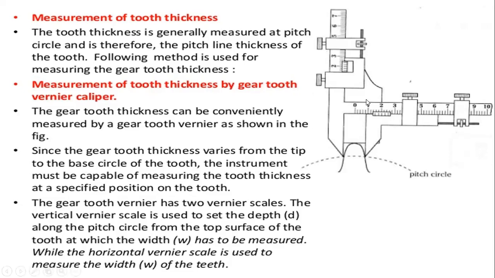So this is the horizontal scale which is used to measure the width, and the vertical scale is used to measure the height of the tooth.